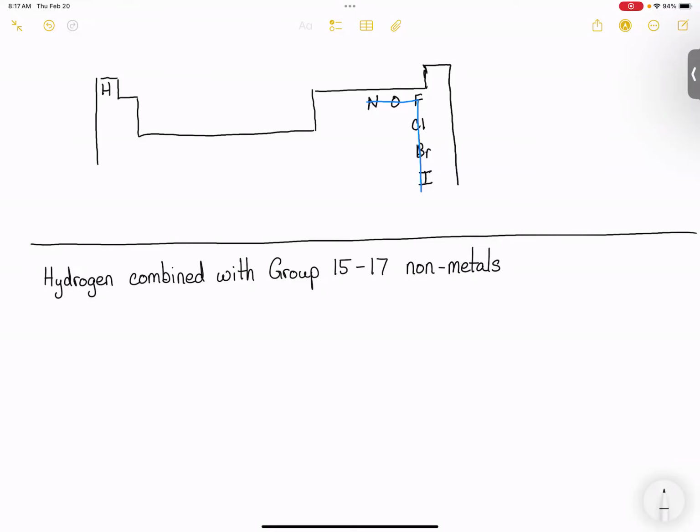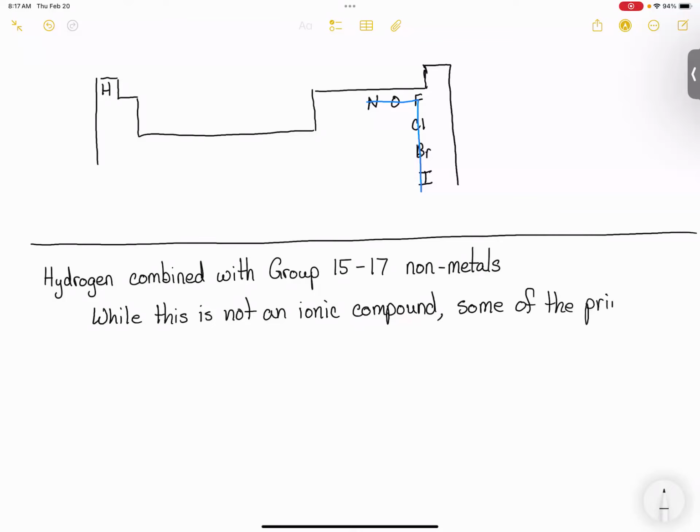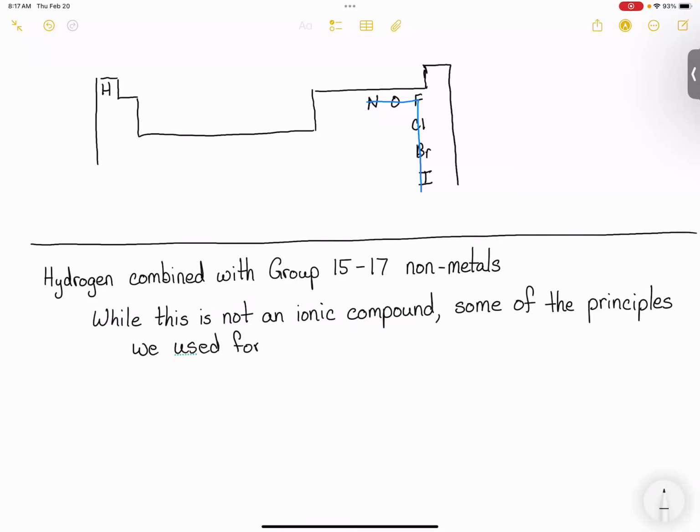While this is not an ionic compound, some of the principles we used in developing the formulas for ionic compounds can be used to determine the formula of these compounds.